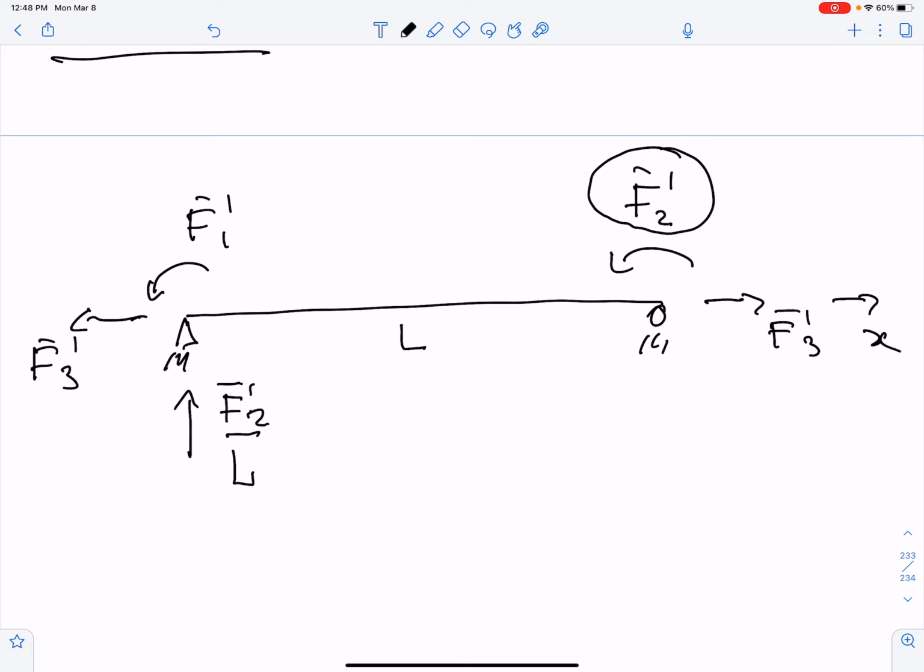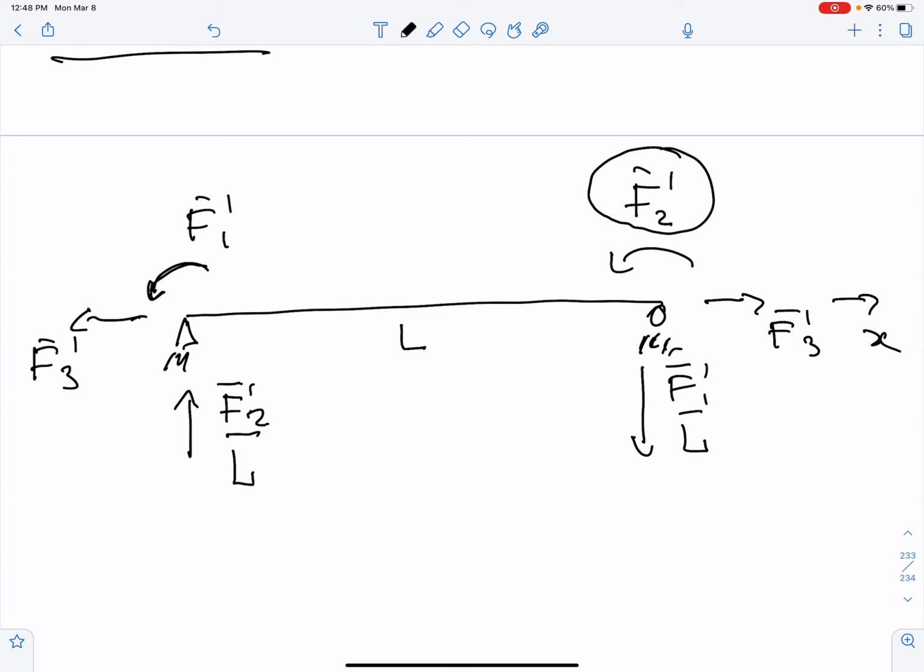Likewise, if you apply moment F̄'1 here, imagine the bar wants to rotate counterclockwise. However, this point here is not going to let it rotate. It will apply an equivalent force, F̄'1 over L, to keep the bar in place.